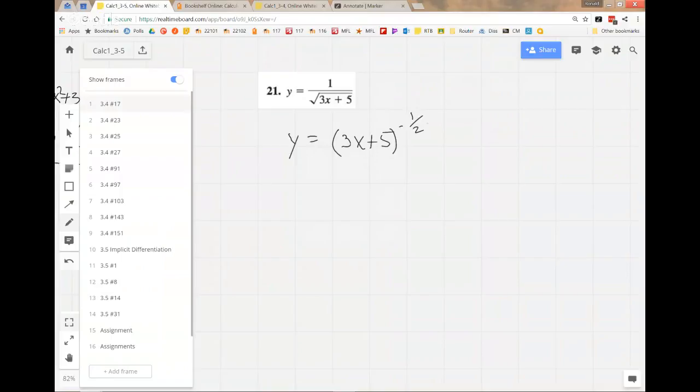All right, now the derivative, power rule. Bring the power down, keep that thing the same, lower the power by 1, and then chain rule.